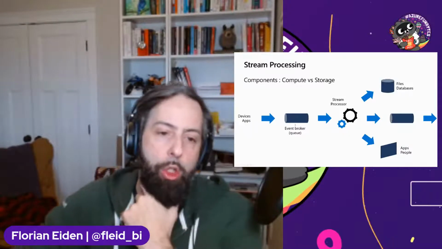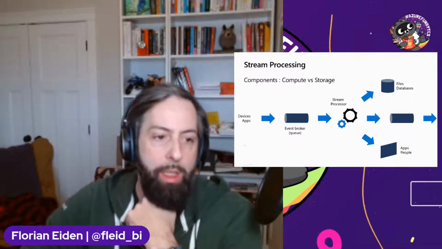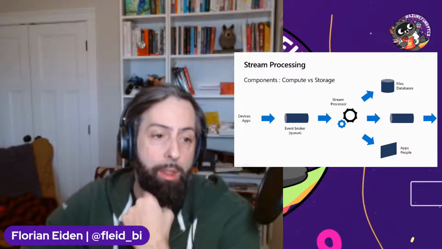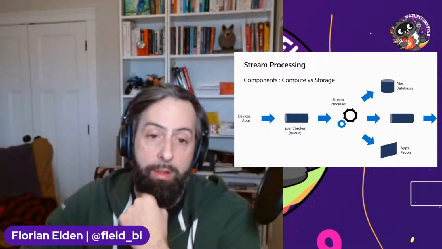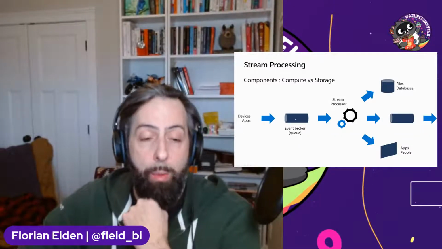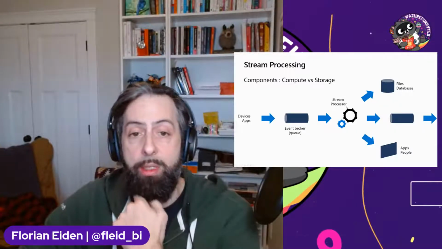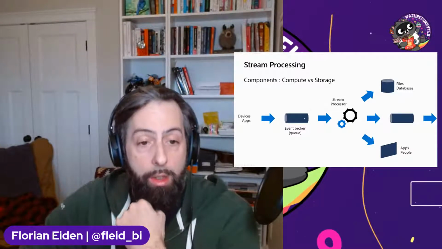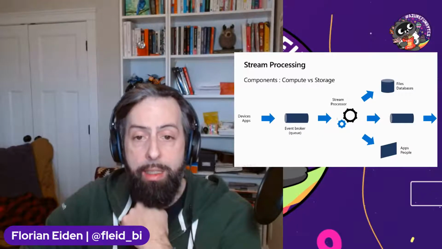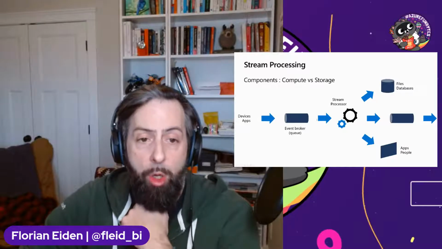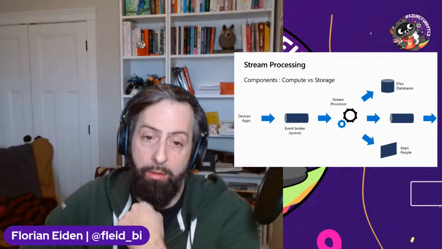So we add queues as much as we can, so that when your devices send their telemetry, or your apps send their events like logs, we land them first into a queue, an event broker. Then the stream processor will subscribe to that queue and read at its own rhythm, so we can scale those independently and absorb spikes of traffic in the event broker.